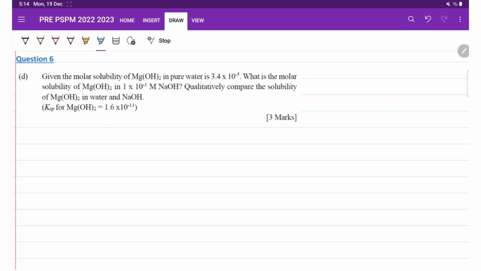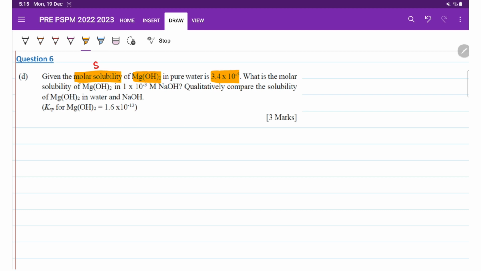Now, for the final question, question 6D, given the molar solubility of MgOH2 in pure water, okay, so molar solubility dekat sini adalah the S value. Okay, in pure water is 3.4 times 10 to the power of negative 5.